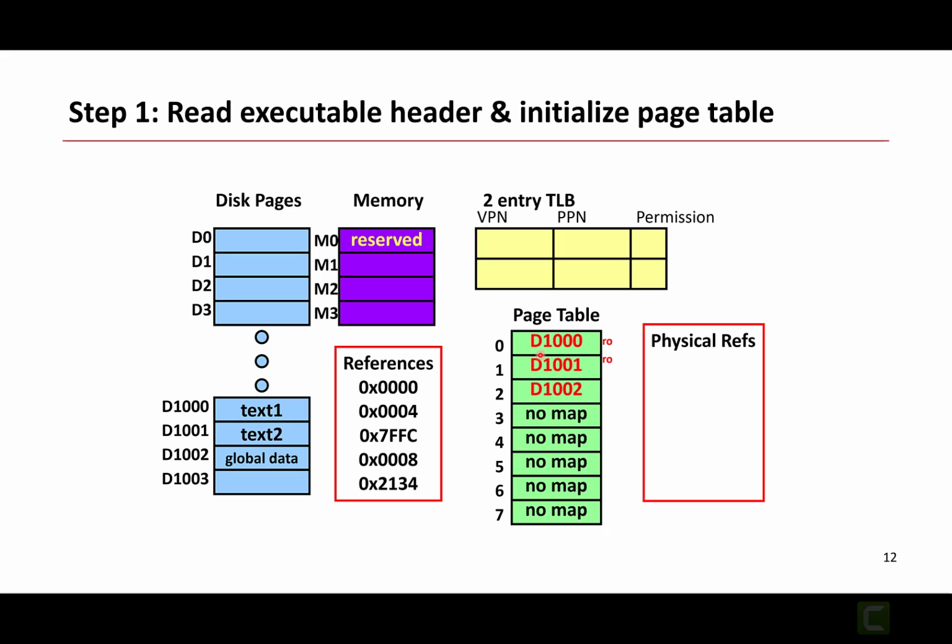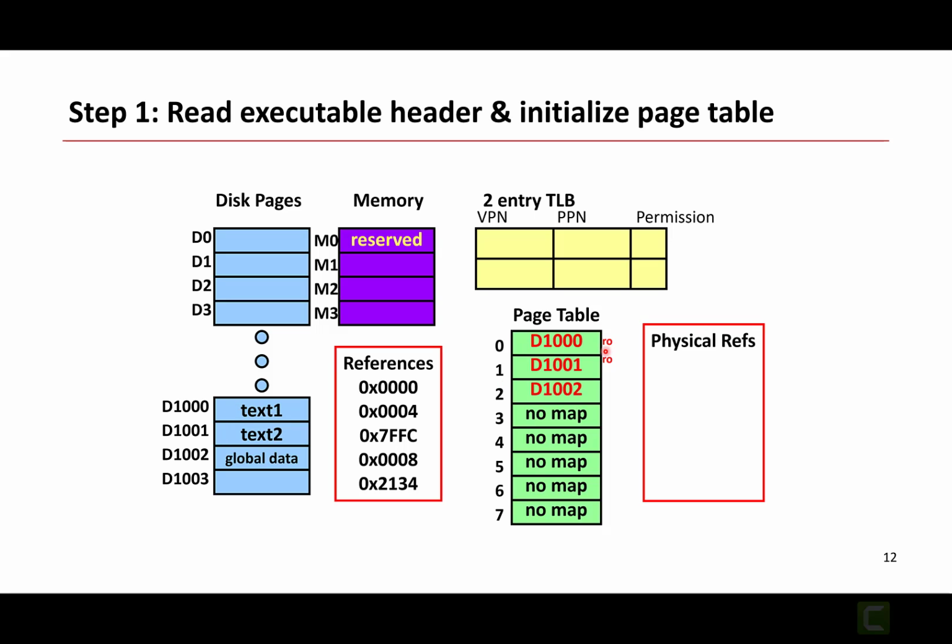And like we talked about, the operating system initializes the entries that correspond to the instruction and the data segment, which are located in the executable when you start the process. So what D1000 says is my virtual page 0 is an instruction segment's page, and it is located on the disk, which is text 1.